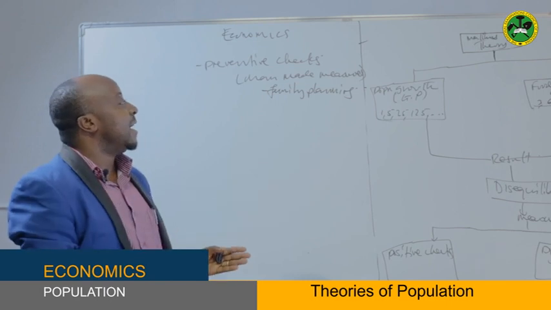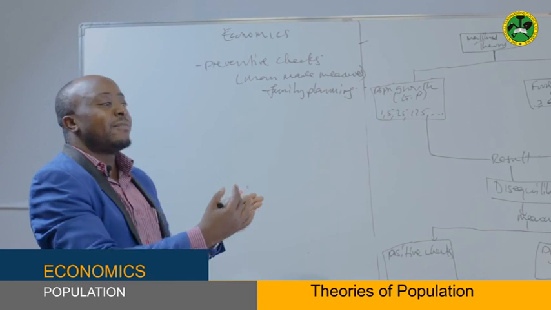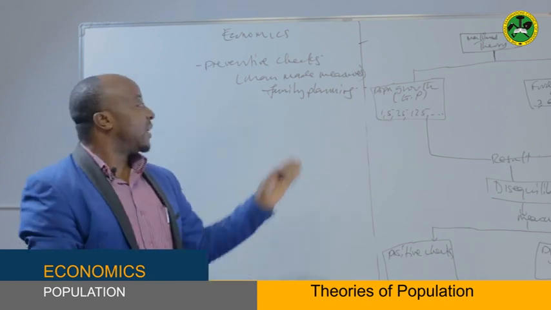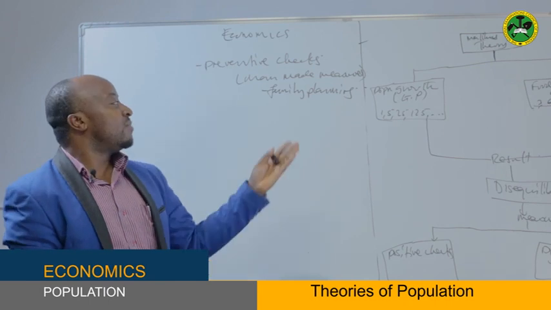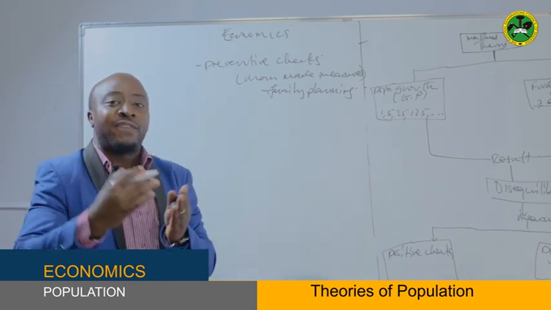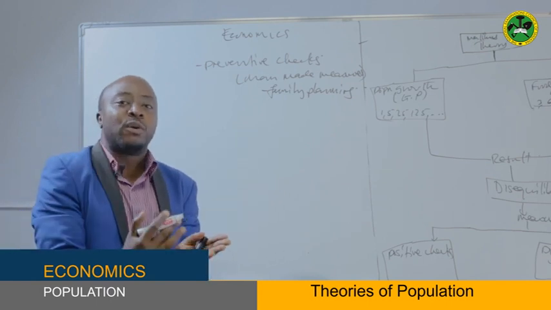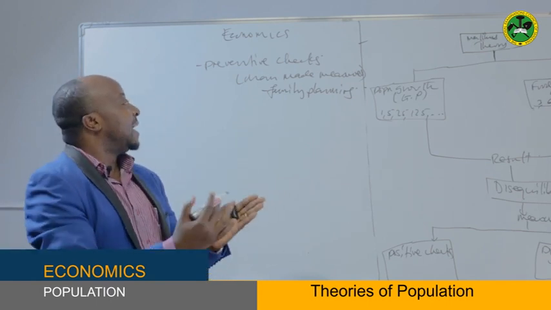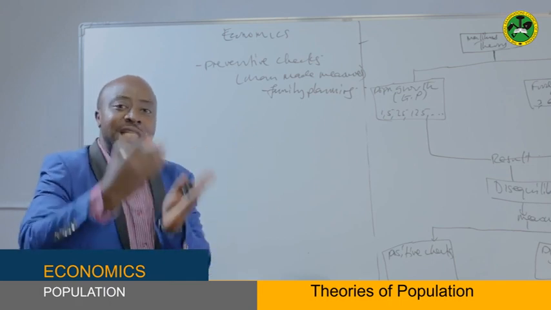That means the reproductive span will be shorter, and for that case we'll have a smaller number of children. For example, if someone is married at the age of 25 and wants to have one child every 5 years, then by the end of the reproductive span, they will have a small number of children. So the aim is a reasonable spacing or gap between one child and the other.